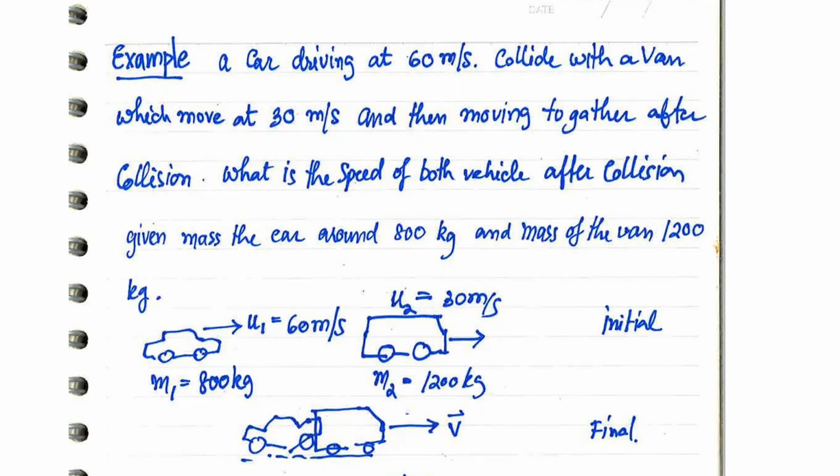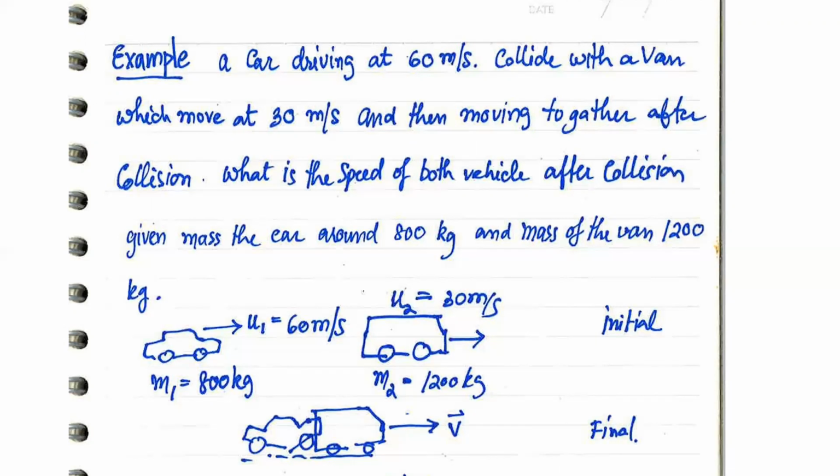Well, to be clear, it is a white Honda Civic driving at 60 meters per second, so that's around 215 kilometers per hour. It collided with a van which moved at 30 meters per second. The van is moving at around 108 kilometers per hour. And then they move together after the collision.